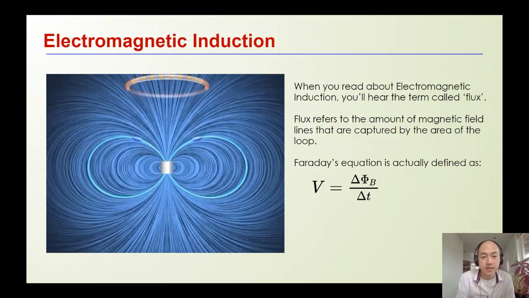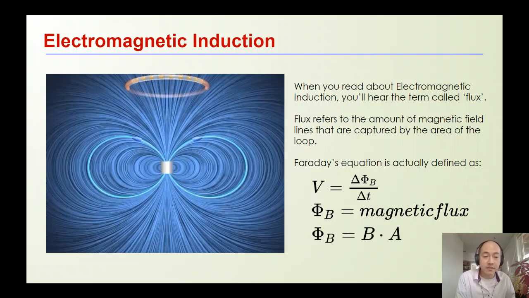This funny character phi is the symbol for magnetic flux. Magnetic flux is simply the magnetic field times the area. It's the amount of magnetic field that gets captured by a closed loop. And so effectively that becomes this same equation: V is equal to delta NBA divided by delta t.